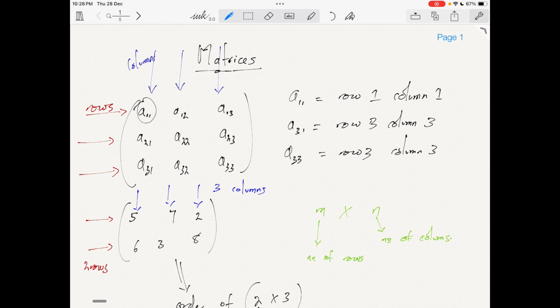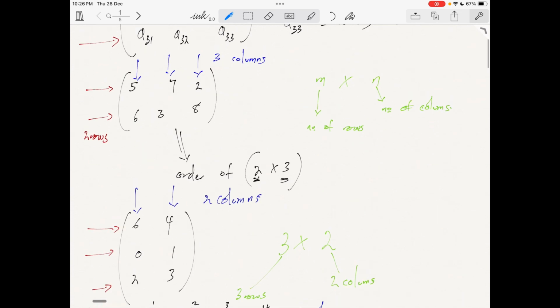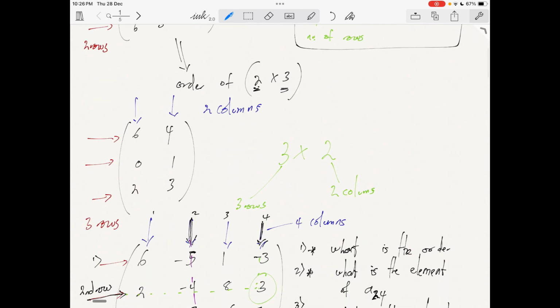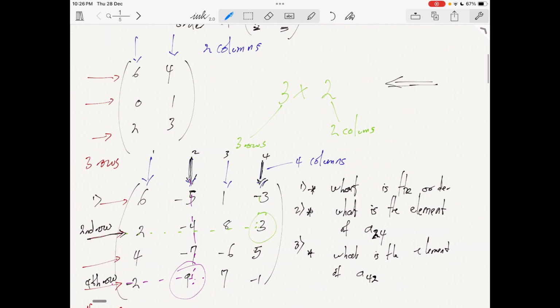Now we have the order of a matrix written as m by n, where m is the number of rows and n is the number of columns. Here we can see that we have 3 rows and 2 columns, so we write the order as 3 by 2.